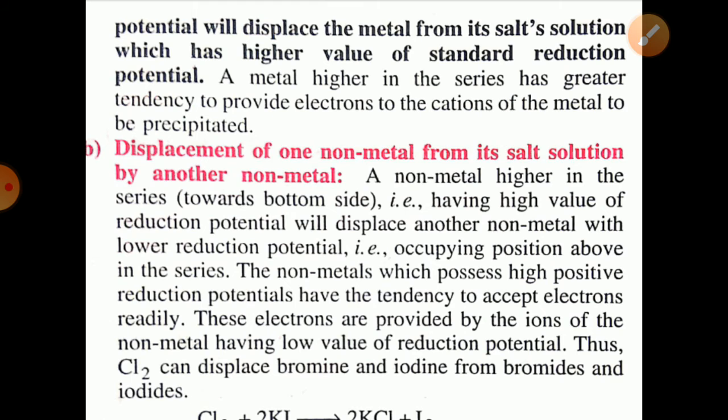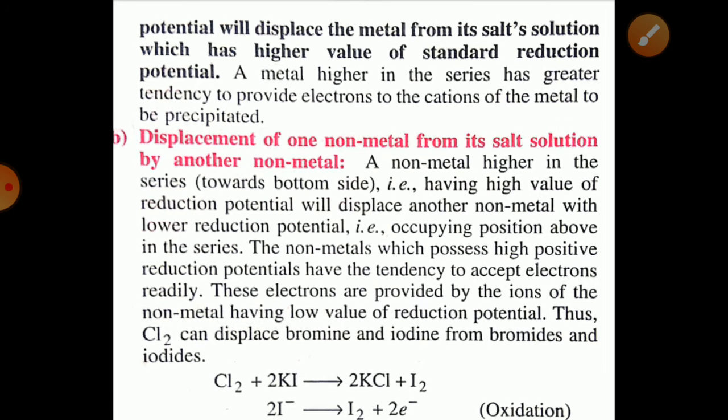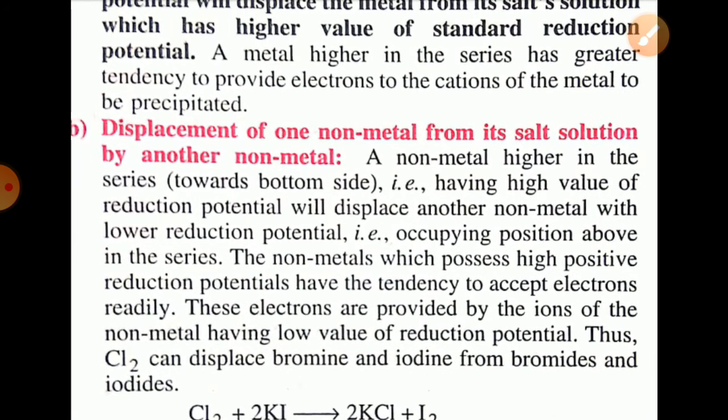Next is displacement of one non-metal from its salt solution by another non-metal. A non-metal higher in the series, that is, having a high value of reduction potential, will displace another non-metal with lower reduction potential.